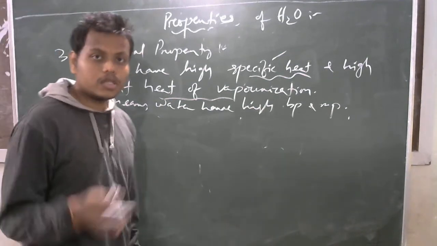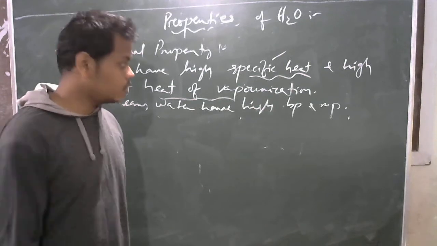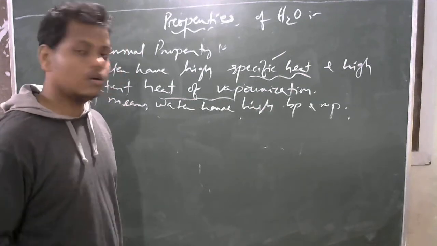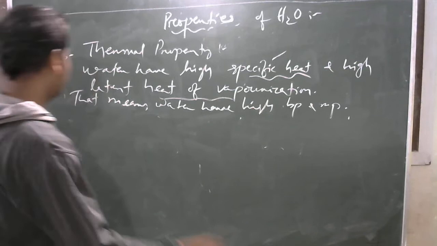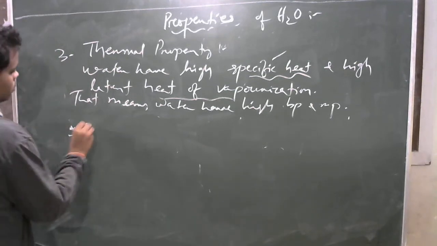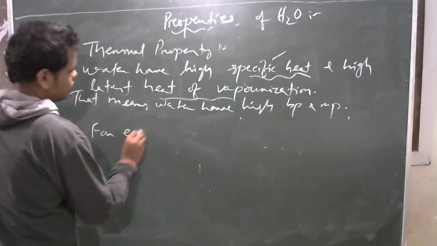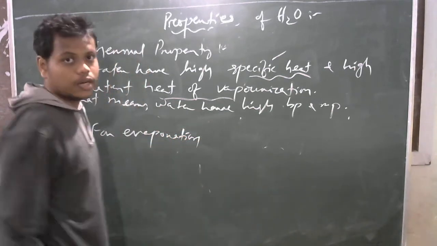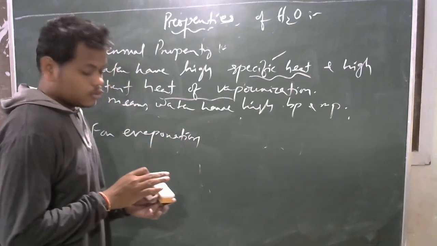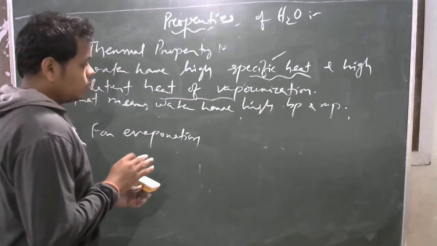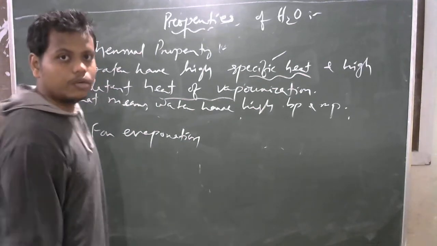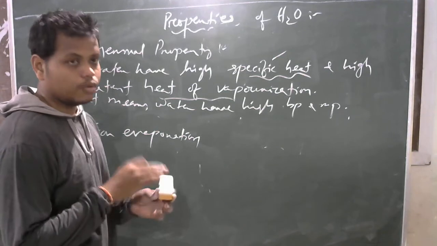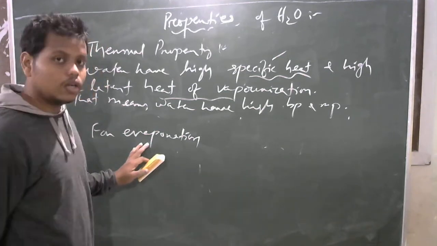For evaporation of water also, high heat energy is required. Evaporation means when water converts from the liquid part into the vapor part. When water converts into vapor, that process is called evaporation.